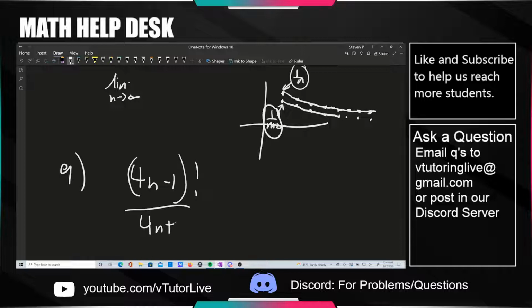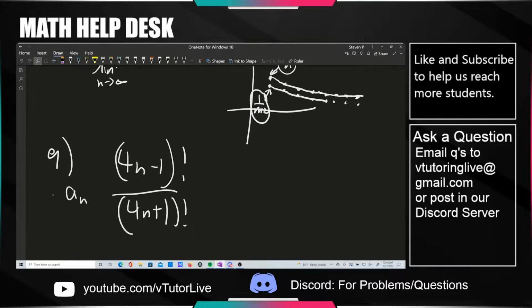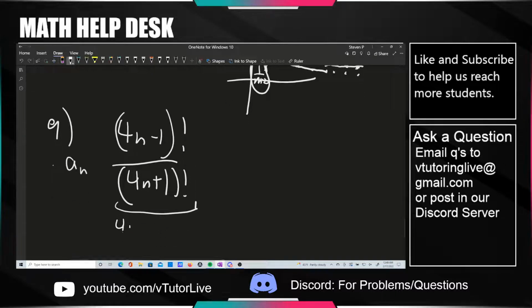Okay, but the next one is talking about some factorials, right? So if you take the limit as n goes to infinity of this, you can basically just write out the terms. This down here basically looks like 4n minus 1 factorial times 4n times 4n plus 1.